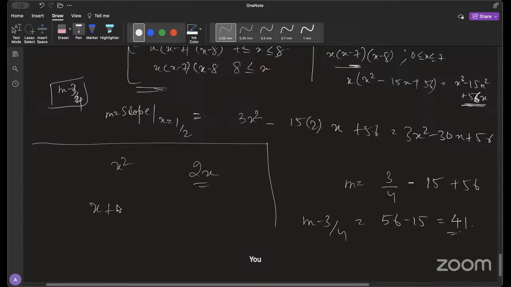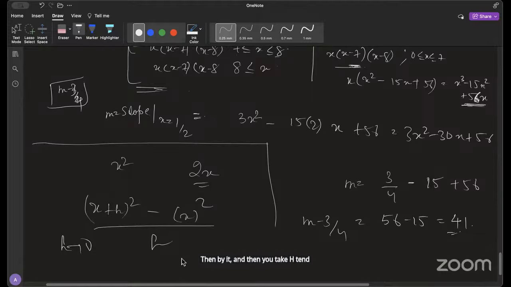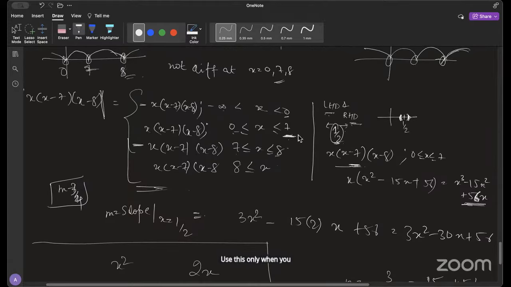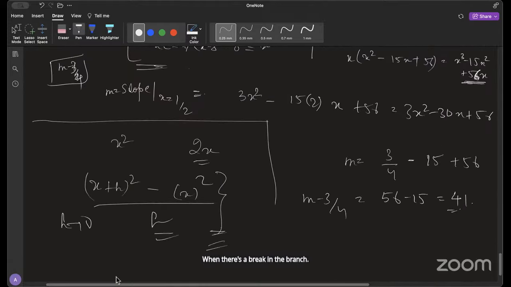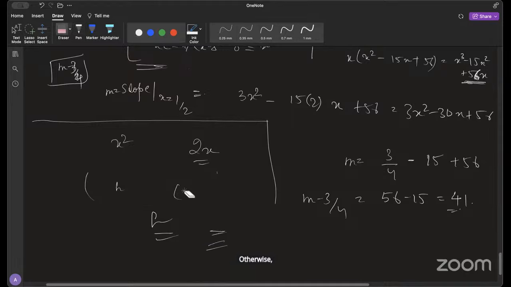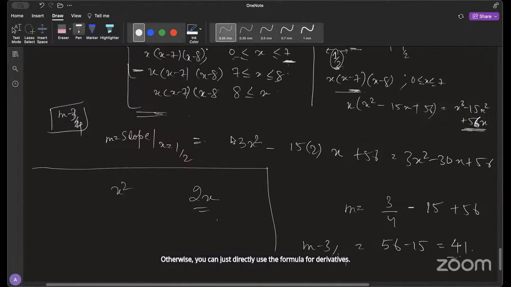You do (x plus h) square minus x square, then divide by h, and then you take the limit as h tends to 0. This is a complicated one. Use this only when there's a break in the branch. This is used to find the left hand derivative and right hand derivative separately. Otherwise, you can just directly use the formula for derivatives. Is this okay?